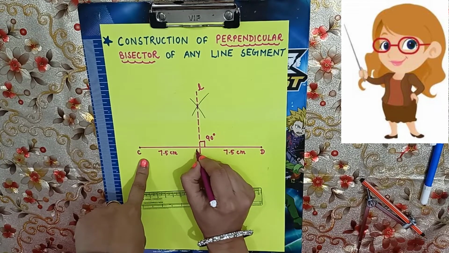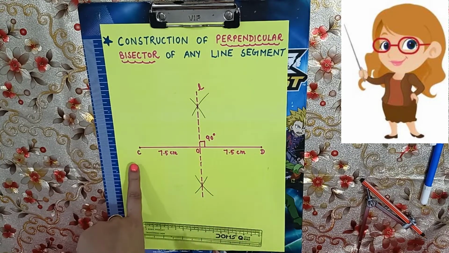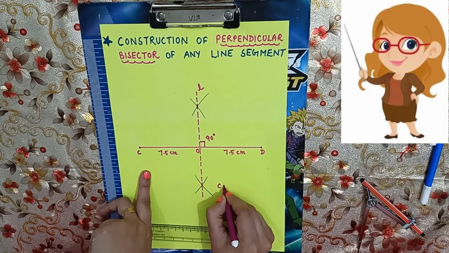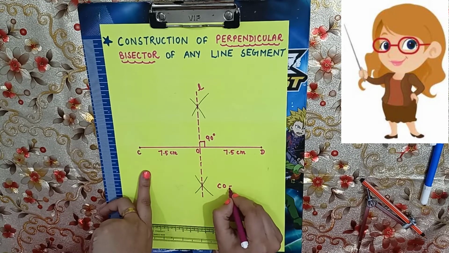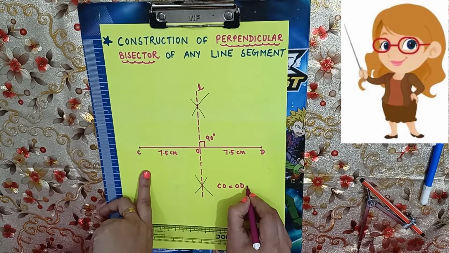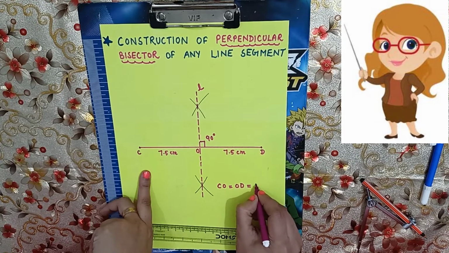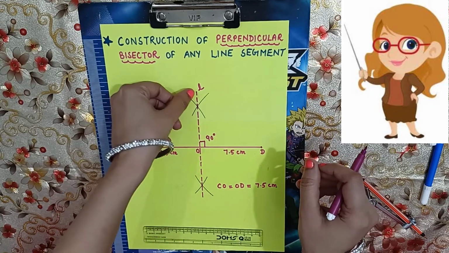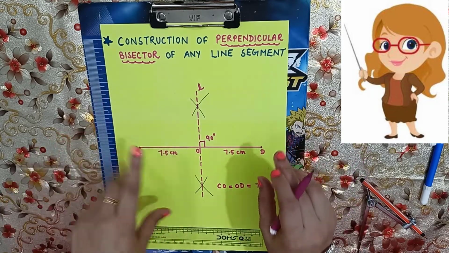Let's name this point O. So now you can see that CO is equal to OD, which is equal to 7.5 centimeter. This means we have drawn it correctly.